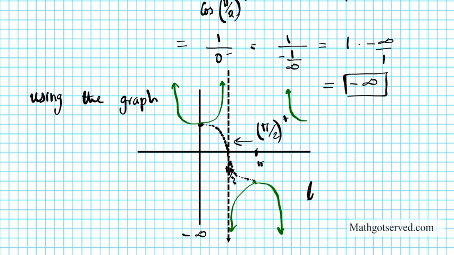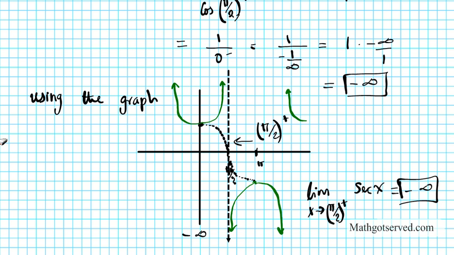So this shows that the limit as x approaches pi over 2 from the right of the secant function. We're looking at the green one now. Okay, don't get confused. As this green function approaches this vertical asymptote from the right, it dips down forever to where? To negative infinity. So there goes your answer using the graph.